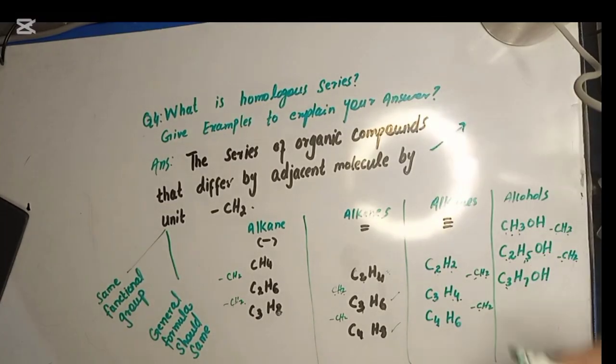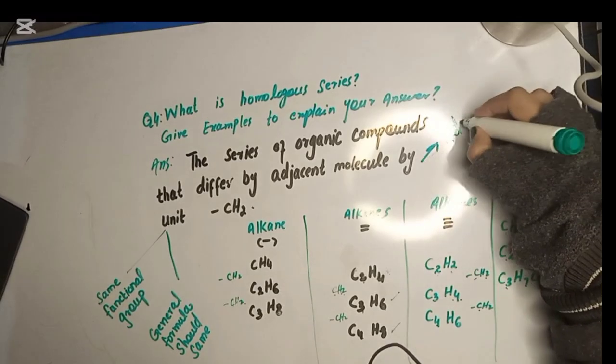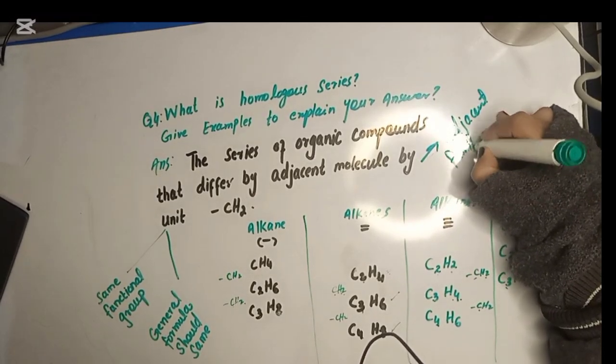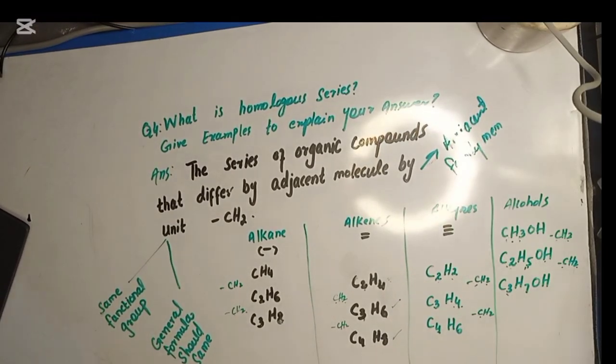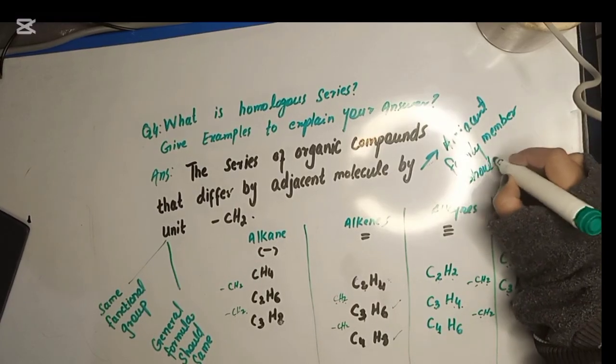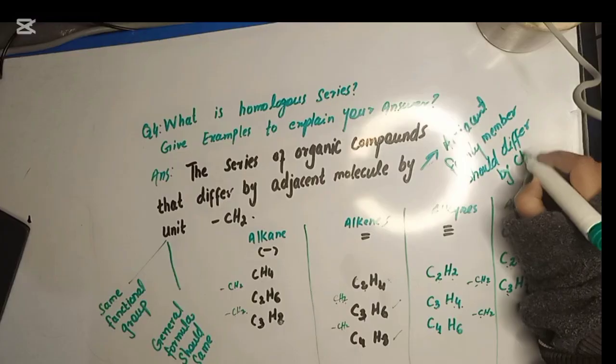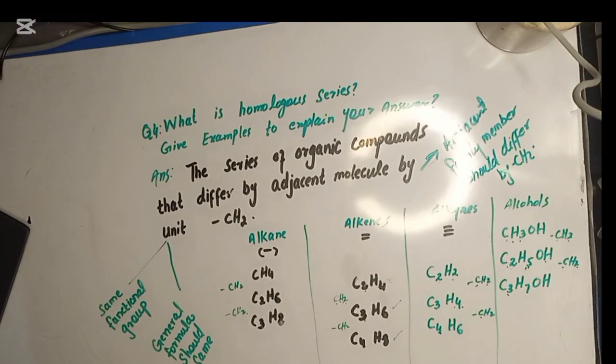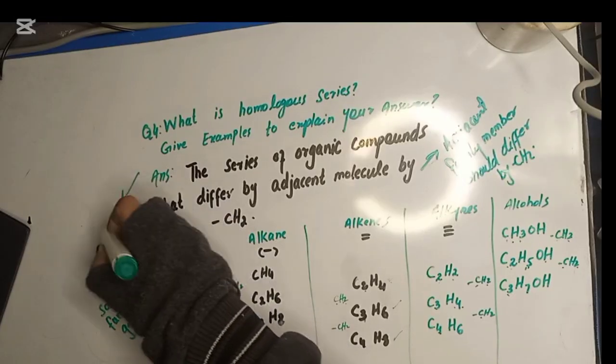Number 3, adjacent family members should differ by a CH2 unit. This is the third characteristic. Number 4, same chemical properties.